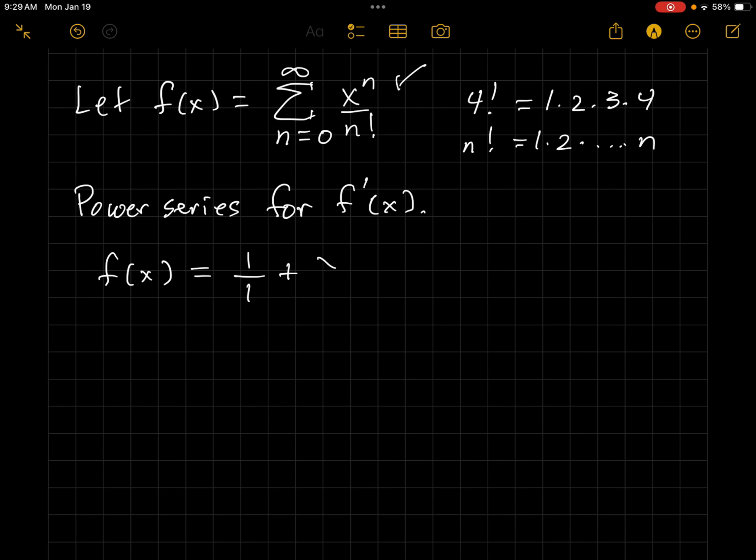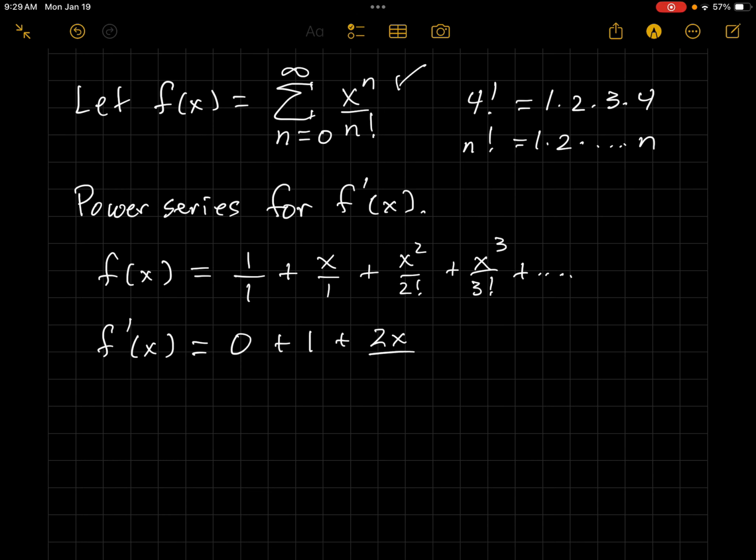Plus x to the first over 1 factorial, plus x squared over 2 factorial, plus x cubed over 3 factorial, etc. Which means that f prime of x equals 0 plus 1 plus 2x over 2 factorial, which is 1 times 2, plus 3x squared over 3 factorial, which is 1 times 2 times 3, plus 4x cubed over 4 factorial, which is 1 times 2 times 3 times 4.